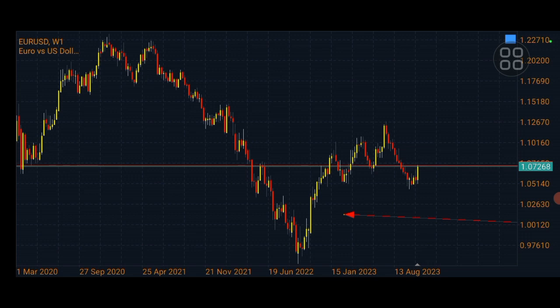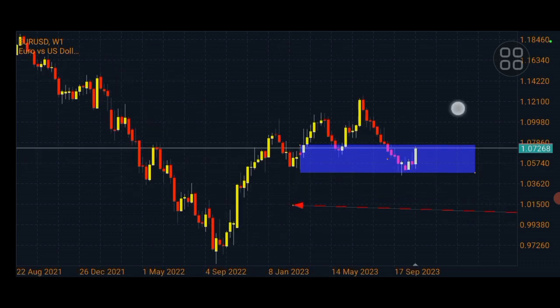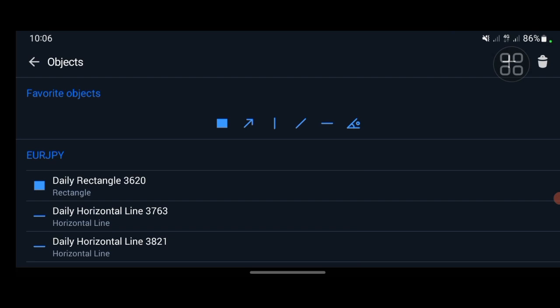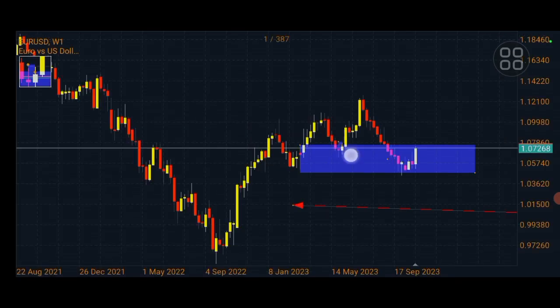I'm going to mark here. This zone. This engulfing zone also.